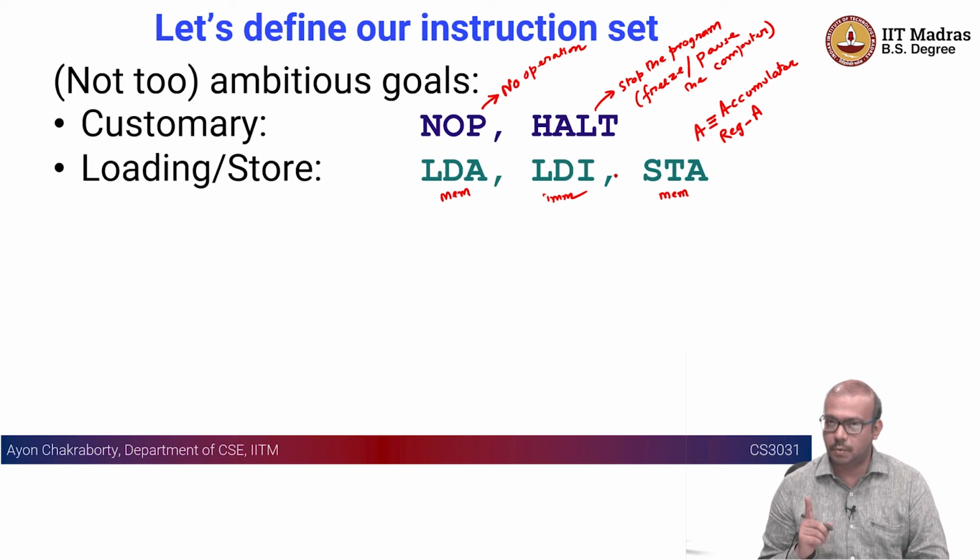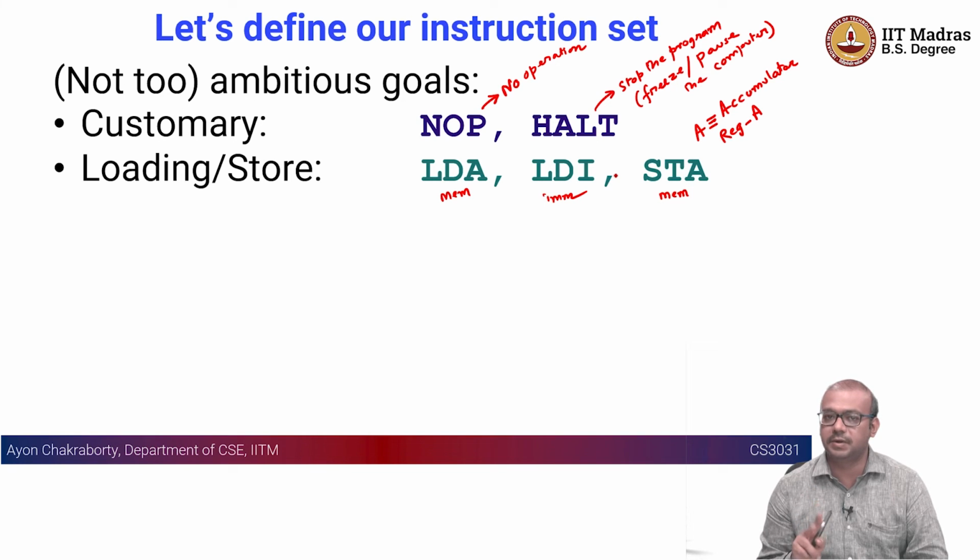There is a small catch here. That is why I mentioned this number 77. You need to understand that LDI 77 is not possible in our Gajendra architecture because of the limitations in the number of bits we have in the instruction. The instruction only has 8 bits, right?